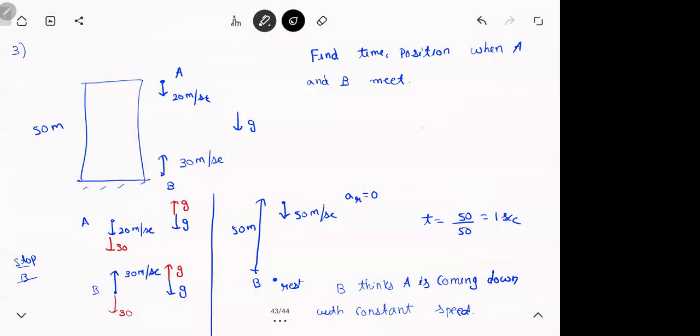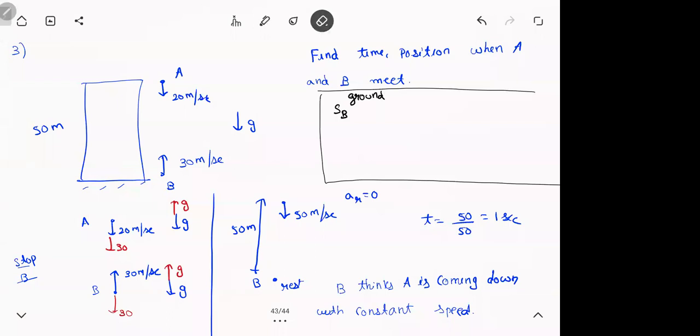What about the distance? I'll just write it here. Now again, you're going back to the ground frame. SB will be UB T plus half AB T square. UB is 30, time is 1.